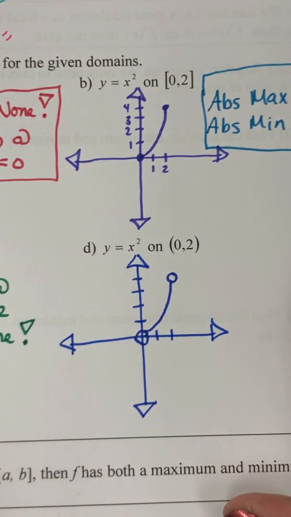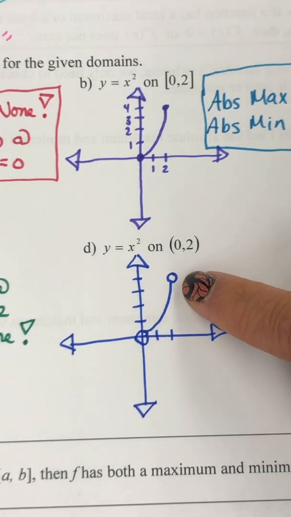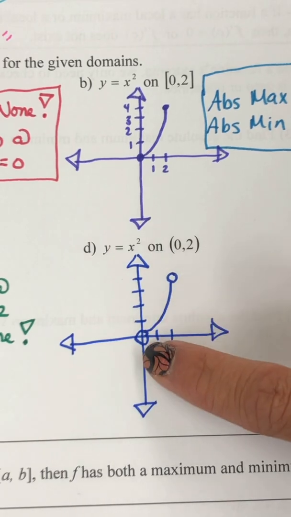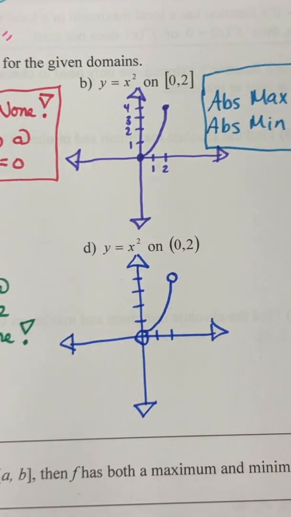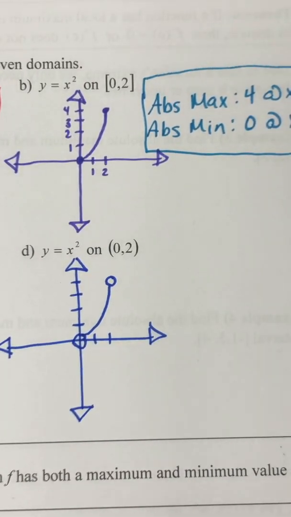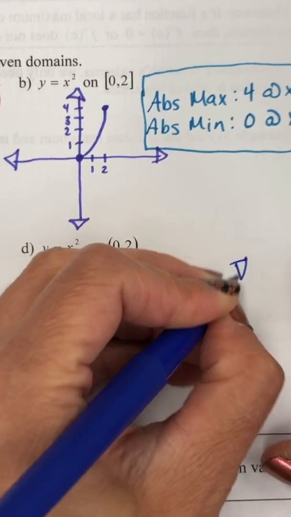It's still the same graph, it's still a parabola, but now because that highest high is approaching an open point, that can't equal an x value of 2, can't equal an x value of 0, then that means that it does not have either. It doesn't have a max or a min.